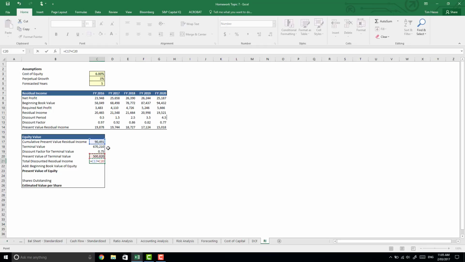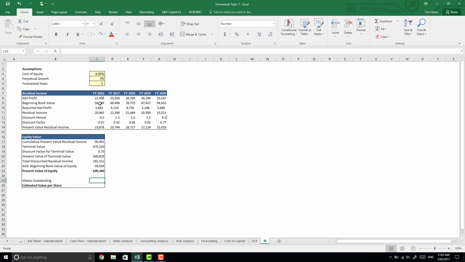So cell C17 plus C20. We then need to consider the fact that we actually have some book value at the beginning of the period, which we add to our total value. So beginning book value is in cell C9 in this case, which means that the present value of the equity is going to be equal to our total discounted residual income plus whatever resources we have at the beginning of the period.